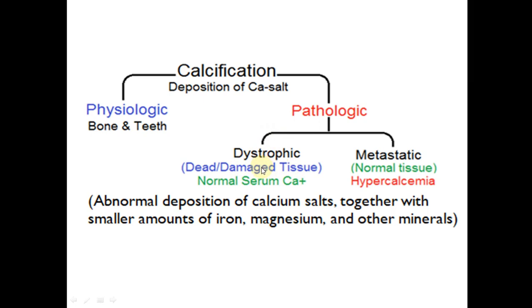It is normal; there is no derangement in calcium metabolism. On the other hand, in metastatic calcification, there is some derangement in calcium metabolism, particularly in conditions leading to hypercalcemia. Due to the excess calcium level in the blood, calcium deposition occurs in normal tissues like lungs, blood vessels, stomach, kidney, and other tissues.